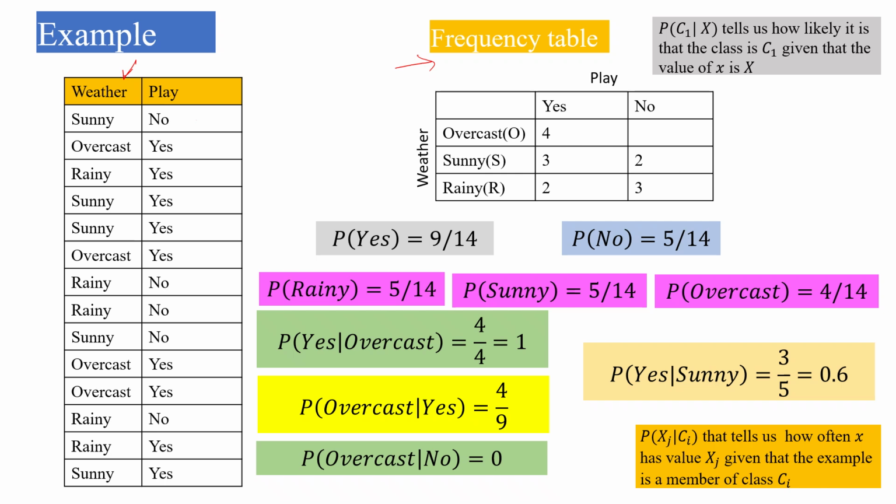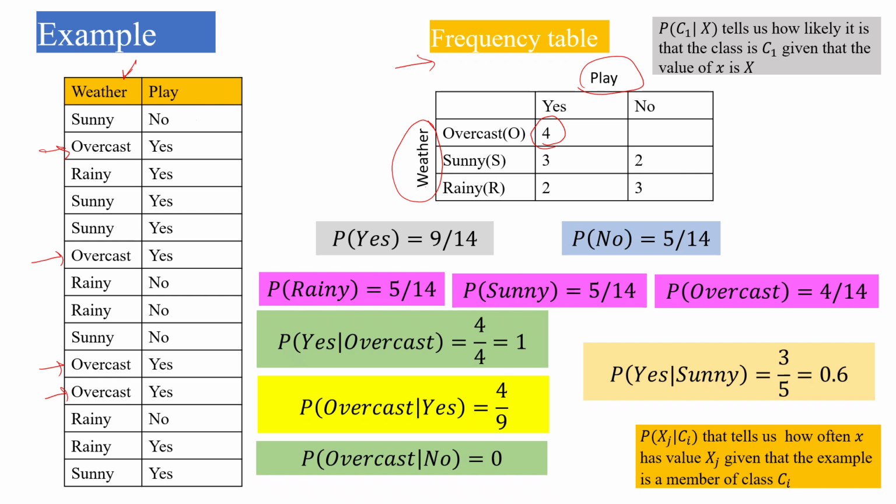So for this, we would list out the feature and the target variable. If we had two features, we would have two frequency tables. So we can see how we get the values of overcast, 4 against yes, because we will see here this is one time overcast yes, then second and third and fourth.